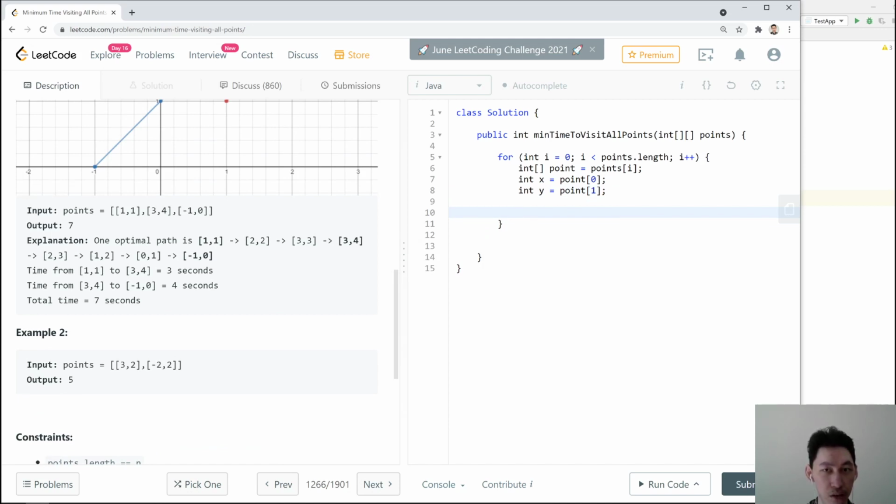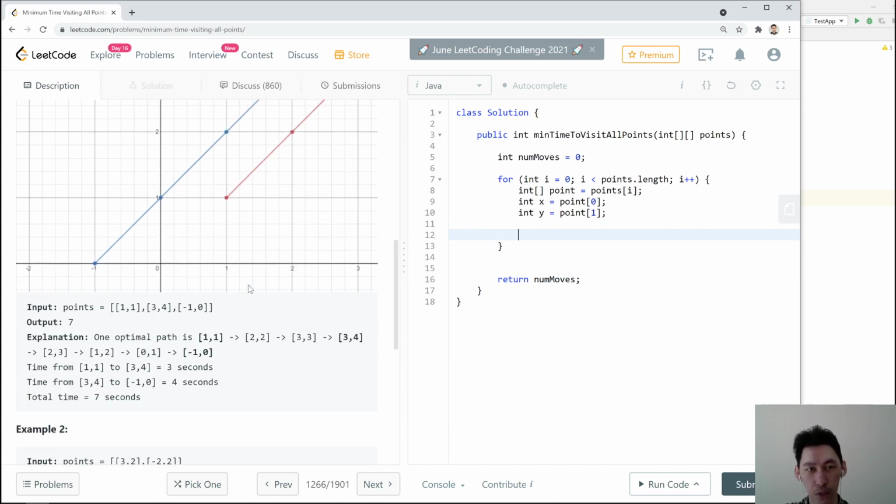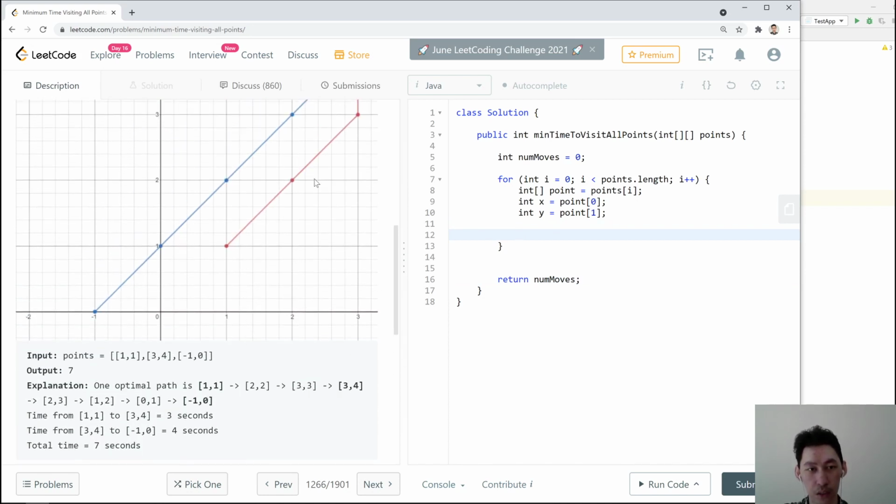So we've got our point. That is the one that we're currently at. And then we need to go to this next one and calculate how many moves we're making. They're calling it time, but I'm going to call it number of moves. So all we need to do now is figure out the distance between 2 points, including the diagonal movement.